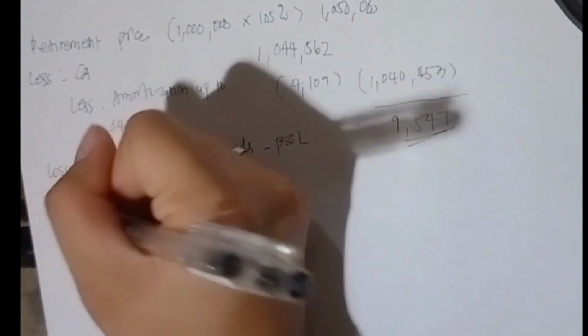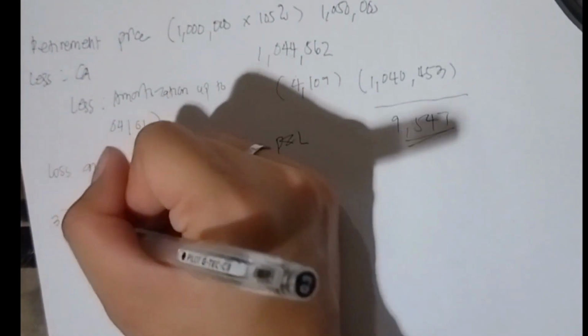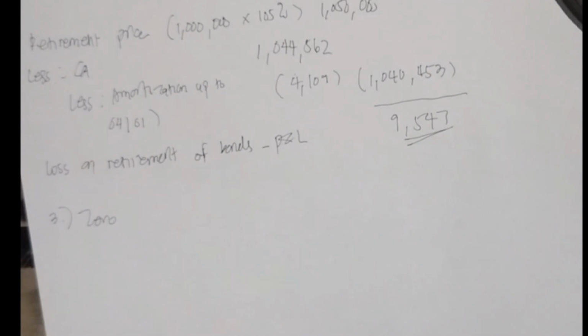So for number 3 is on June 30, 2025. So it is 0 because on June 30, 2025 maturity date, the retirement price and the carrying amount is equal to the face amount of the bonds.